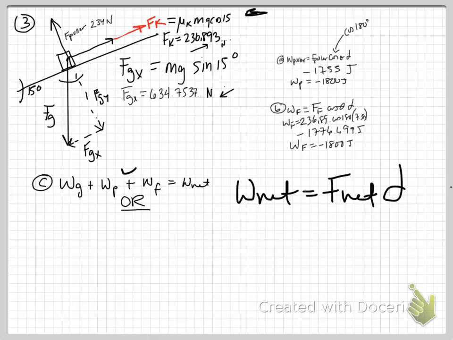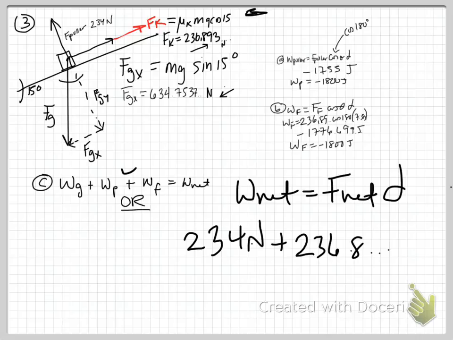So what I did was take the 234 newtons plus the 236.8 and so on, which is the frictional force, and these are both up.